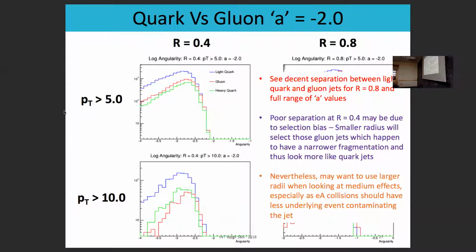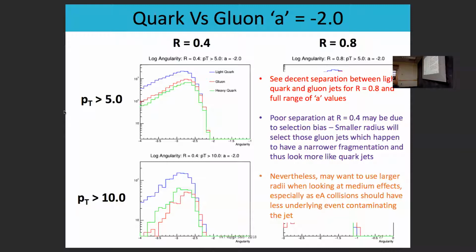Of course, we have to be careful because there's probably a selection bias in here. For R of 0.4, we don't see as good separation. If we require our jet to have a smaller radius, then we're probably selecting those gluons that fragmented to be more collimated and thus look more like quark jets.